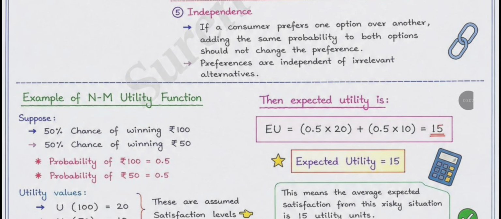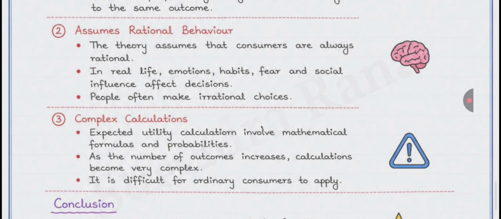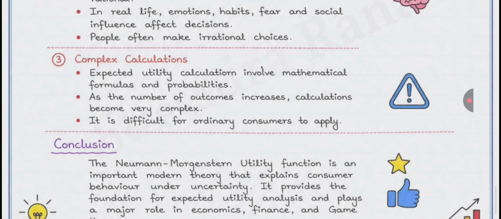Now let's move to the conclusion. To conclude, the von Neumann-Morgenstern utility function is an important modern theory that explains consumer behavior under uncertainty.